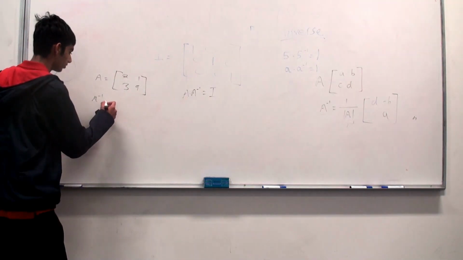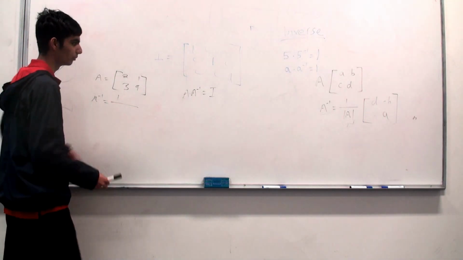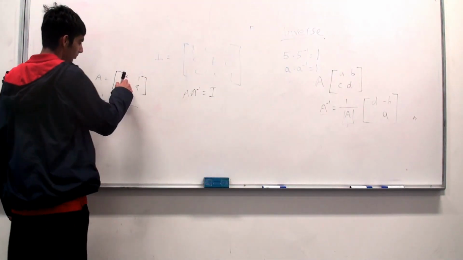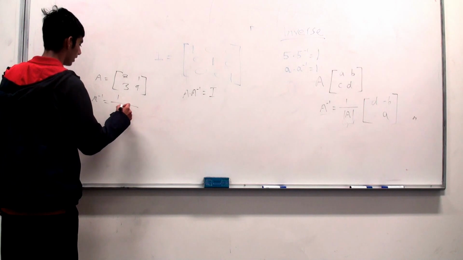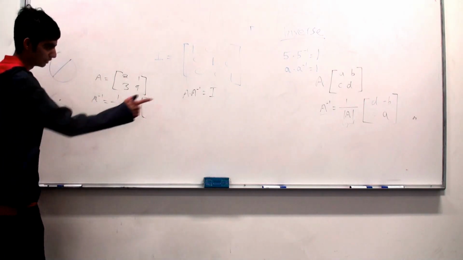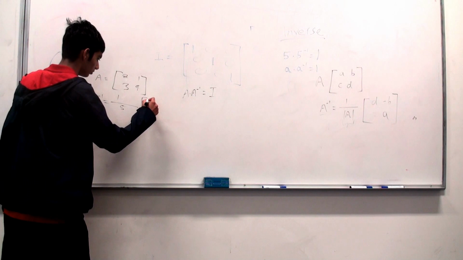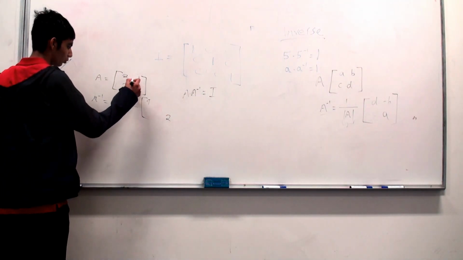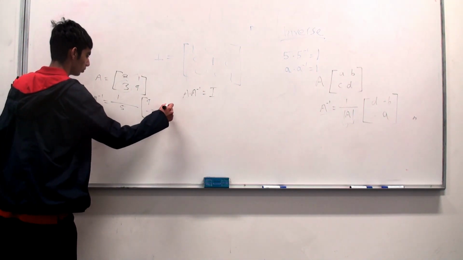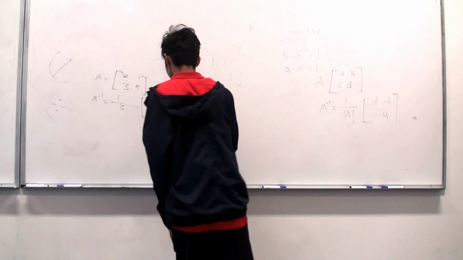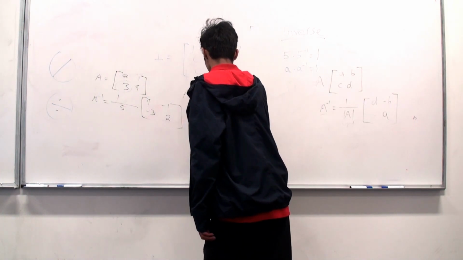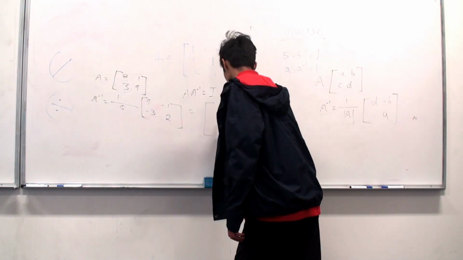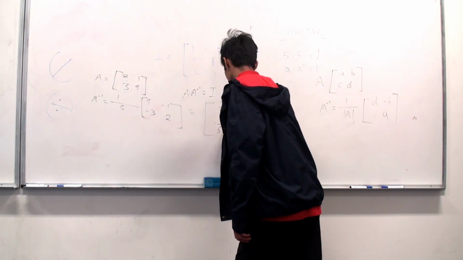Well, we find A inverse to be 1 on the determinant of A, which is 8 minus 3, which is 5, times, as we said, switch these two, so 4 and 2, and reverse the sign of the 3 and 1, so minus 3, minus 1. That will give us the matrix 4/5, minus 1/5, minus 3/5, and 2/5.